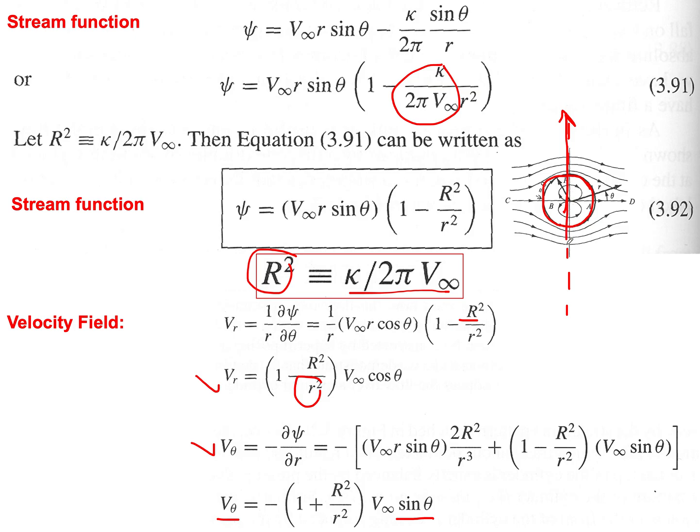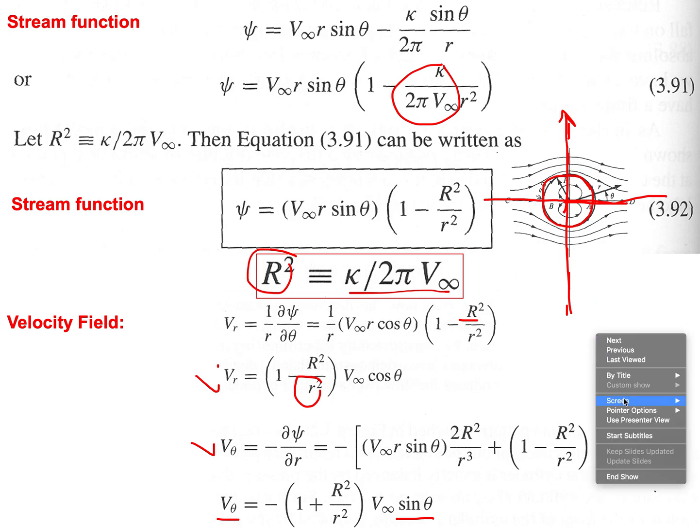The circle and the perpendicular line are the zero value of VR, but theta equals 0 and pi, so all this line, theta equals 0 and theta equals pi, that is when v theta is equal to 0.